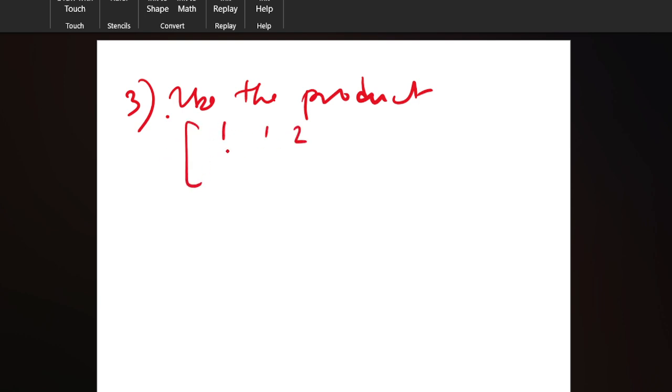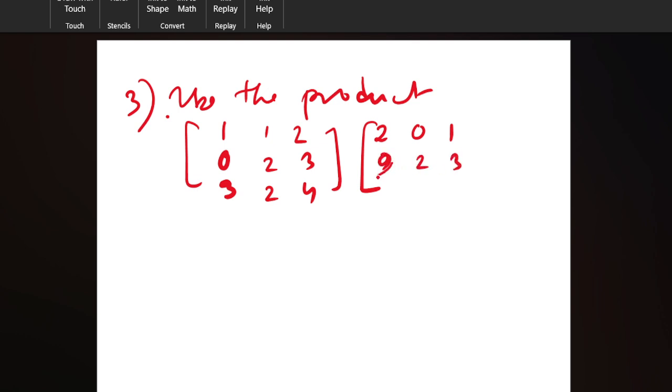Use the product of the matrices [1, 1, 2], [0, 2, 3], [3, 2, 4] into [2, 0, 1], [9, 2, 3], [6, 1, 2] to solve the system of equations.